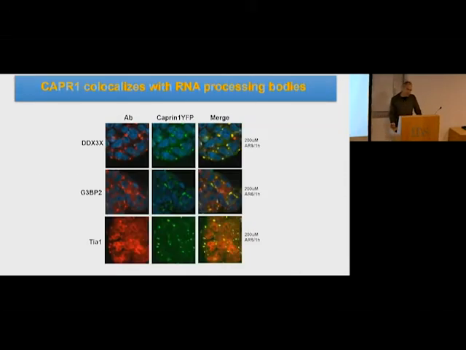We also did some localization with known stress markers like DDX3X, G3BP2, TIA1, and we found co-localization. In fact, this also exposed us to the wonderful world of stress granules.